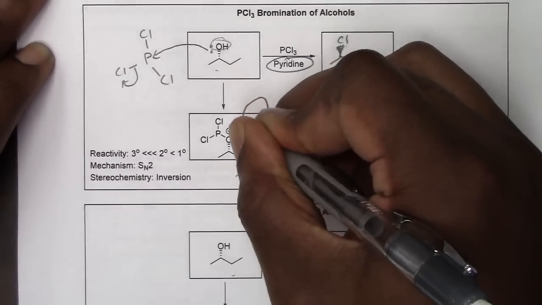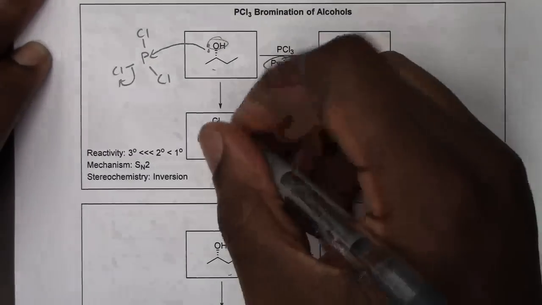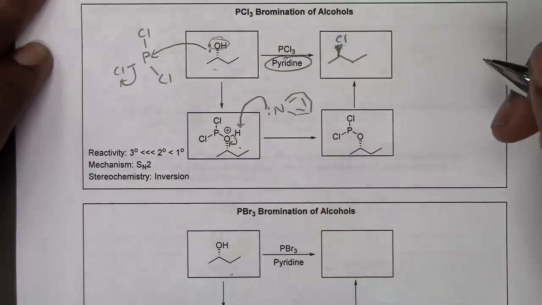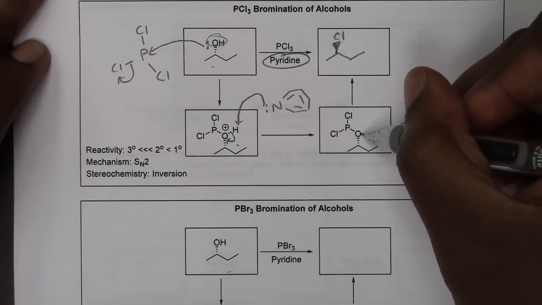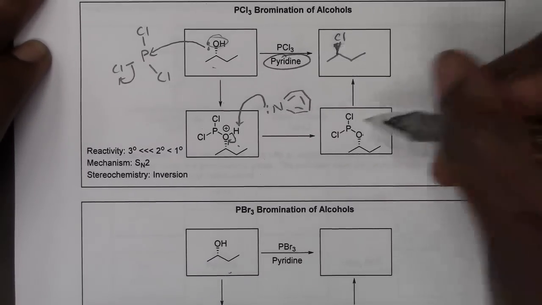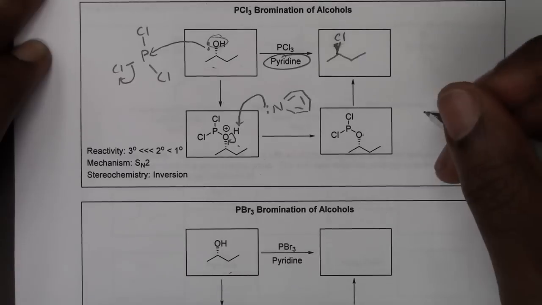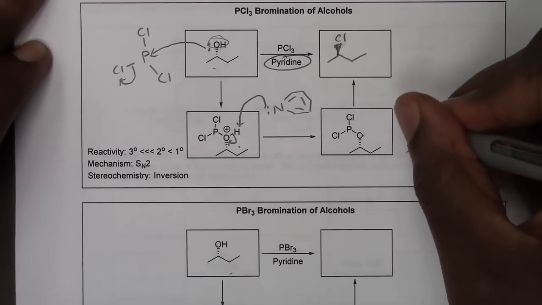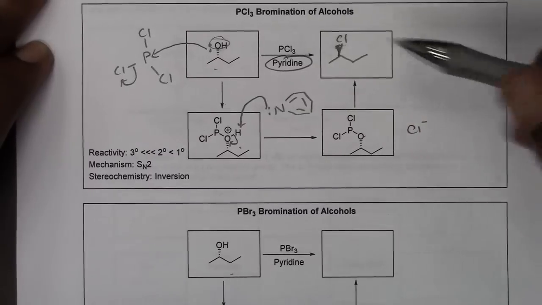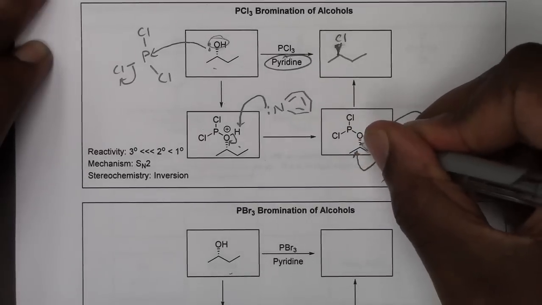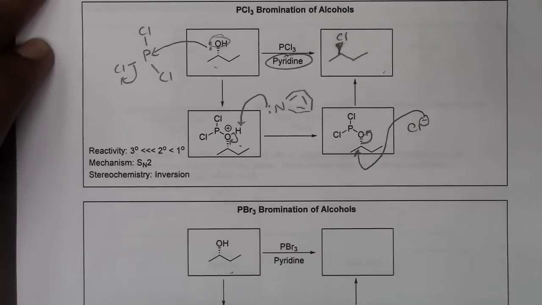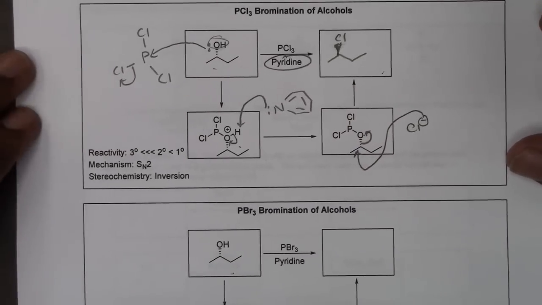So pyridine will come along and remove a proton from the oxygen. These electrons will swing back, neutralizing the oxygen. What we've done in effect at this point is turn our oxygen into an excellent leaving group. So the chlorine that we displaced initially can come back and attack SN2 backside, kicking your leaving group out. And that's how we end up with this final product.